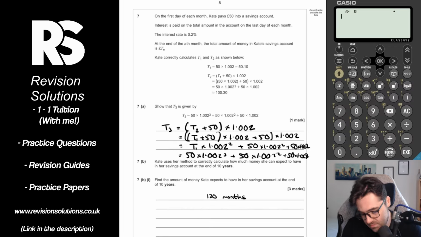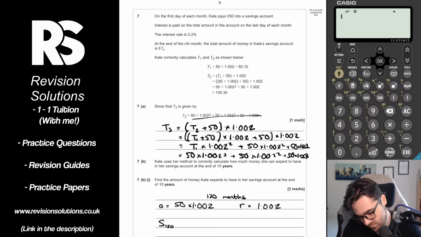So the first term is 50 times 1.002, and the common ratio is just 1.002 again. And if we want the 120th month, what we're doing is we're summing this sequence. So we want the sum of 120 terms of this sequence to get the amount in her account after 120 months.